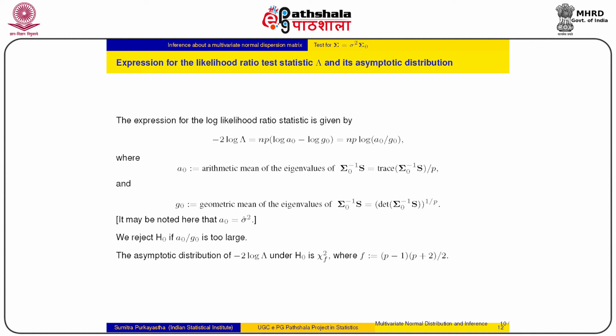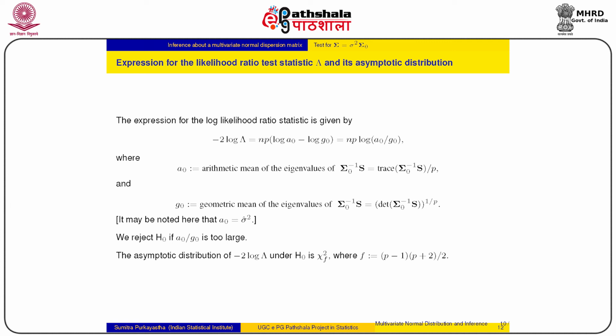Let's see what these quantities are. A naught is the arithmetic mean of the eigenvalues of sigma naught inverse S, which is equal to the trace divided by p, because the sum of eigenvalues is the trace. G naught is the geometric mean of the same eigenvalues of sigma naught inverse S, which is equal to determinant of sigma naught inverse S whole to the power 1 by p.